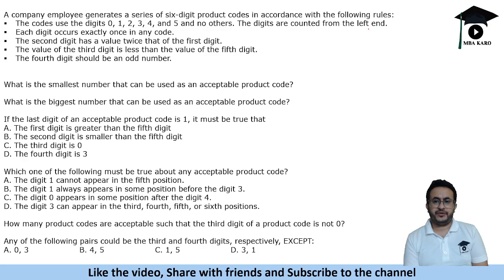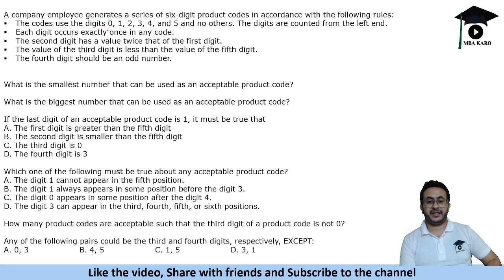The digits are counted from the left end. So this is the first digit. So let's say 1, 2, 3, 4, 5, 6. So if I put 1, 3, 4, this is the first digit, second digit, third digit and so on, right? So this is the order in which the digits are counted. Alright, so we are given that each digit occurs exactly once in any code.